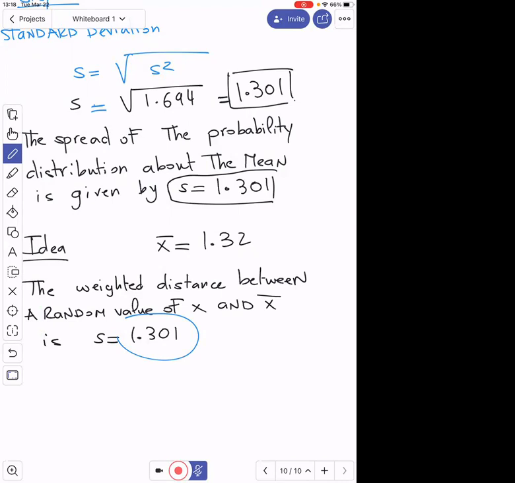Does this make sense? That's the interpretation, the meaning of the standard deviation in general. All right, guys. Any other question?